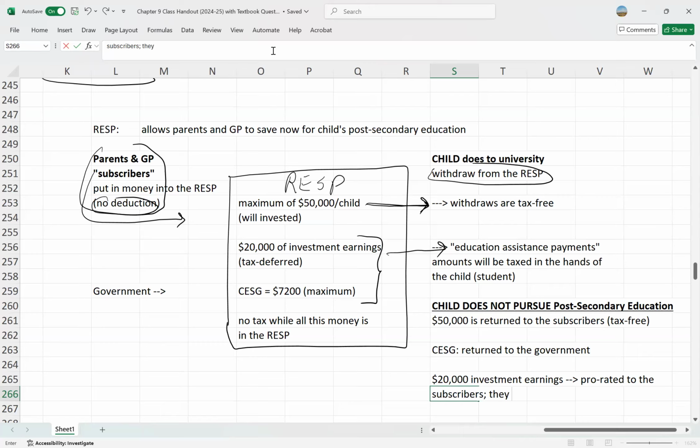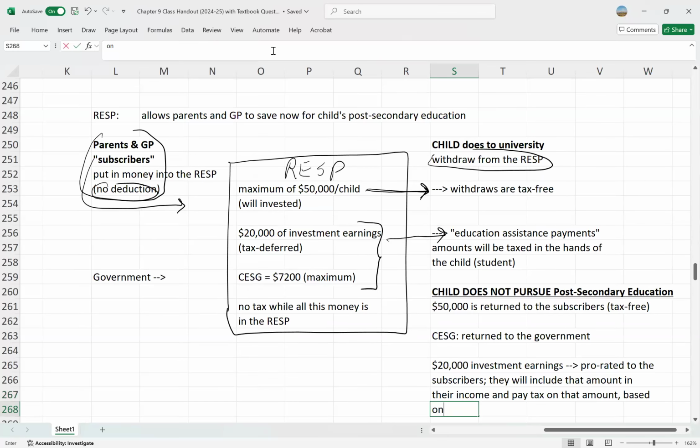They will include that amount in their income and pay tax on that amount based on their tax rate plus 20%.